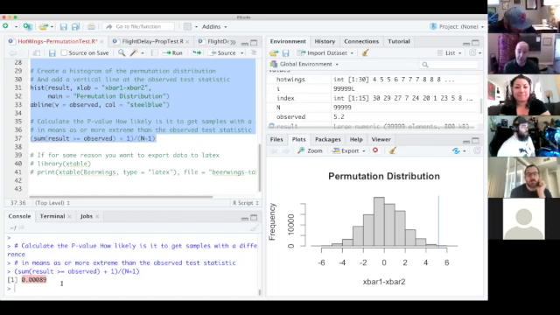But who knows, right? Sometimes you do pick really bizarre samples and you make a wrong conclusion. That's part of statistics, unfortunately. But you try and control for those things as best you can. Okay, any questions?